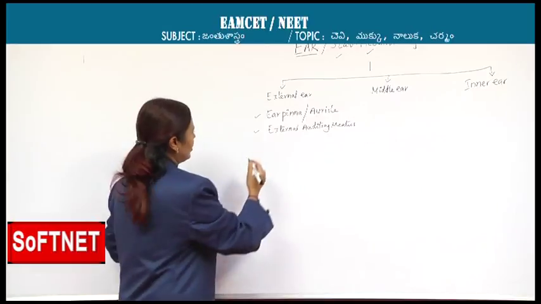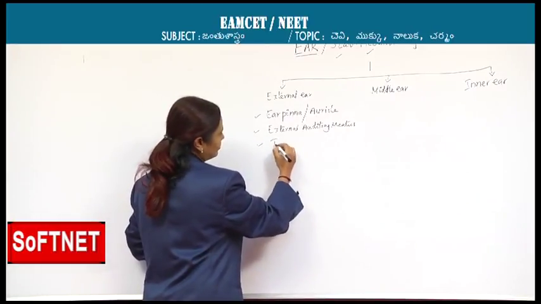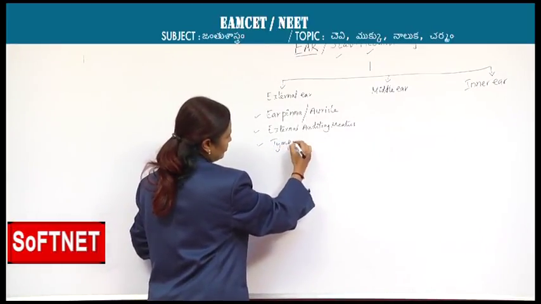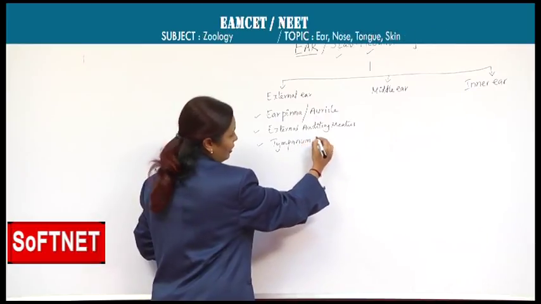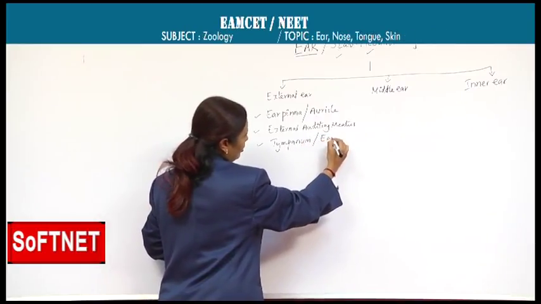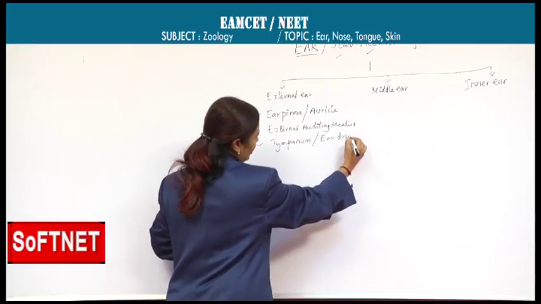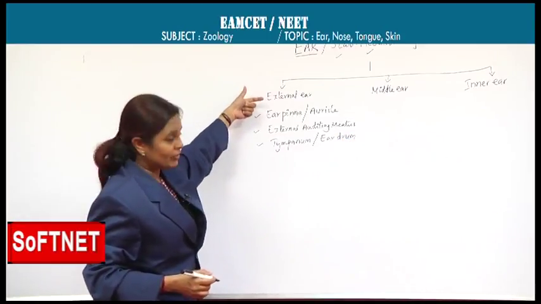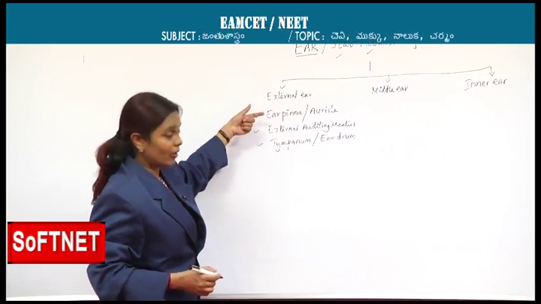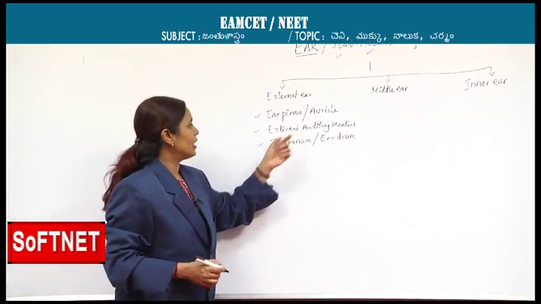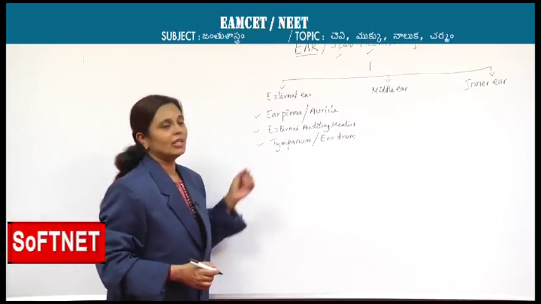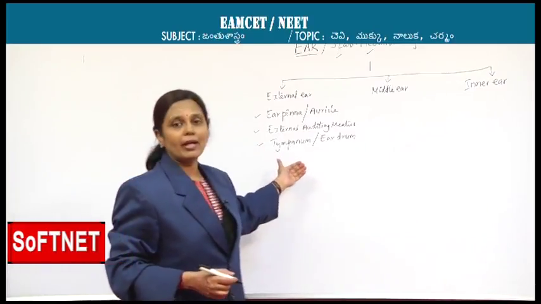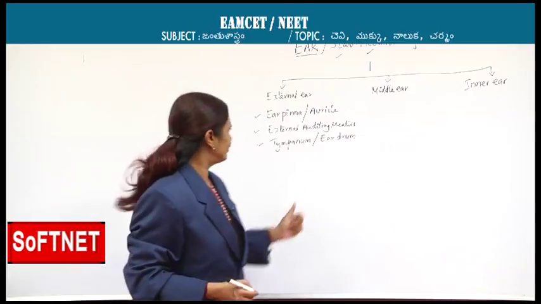And number three, it is tympanum or eardrum. So, the three parts of the external ear are ear pinna or auricle, number two, external auditory meatus, and number three, tympanum or eardrum.